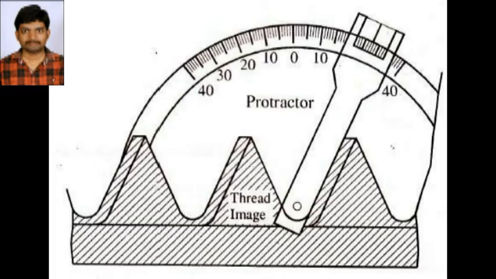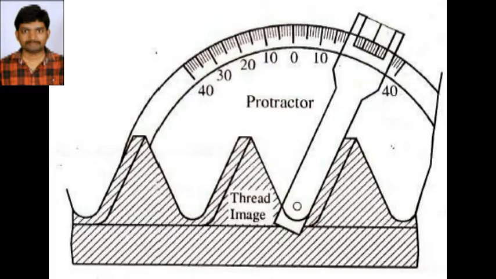In this projection method, the shadow of the thread is viewed on a screen, and the angles are measured by means of a protractor. A vernier protractor of this type is shown in this figure, which has a circular scale calibrated in half degrees, with minutes of arc being read off a tangent screw dial.